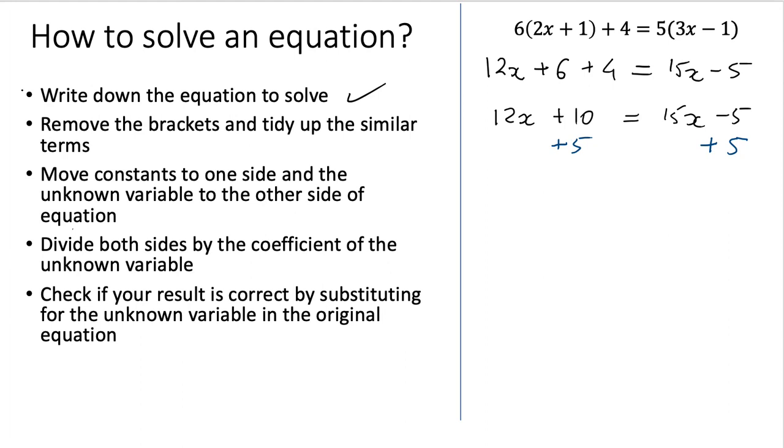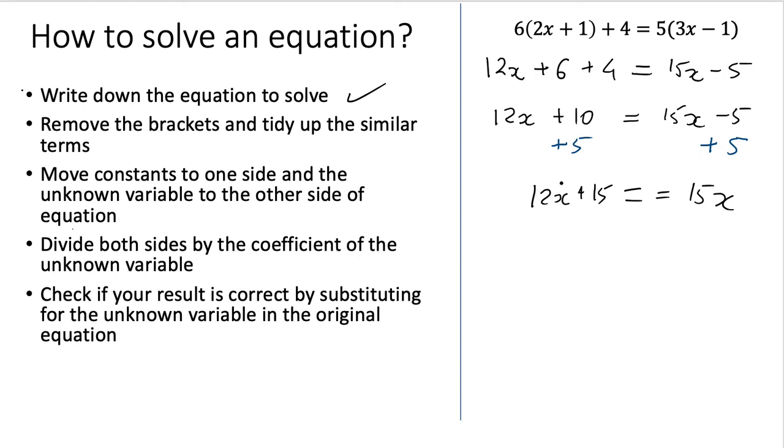When I do that, the minus 5 disappears on the right-hand side, and I end up with 12x plus 15, all that equal to 15x. Very good. So moving constants to one side, that's done. Next thing is to move the unknown variable to the other side of the equation.